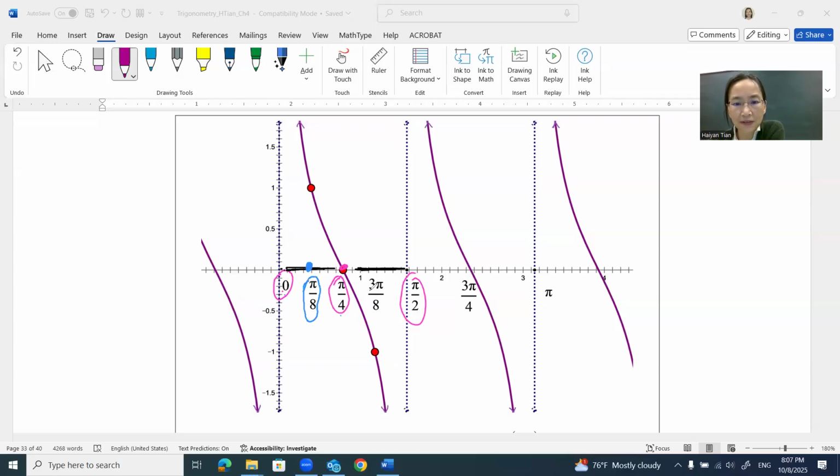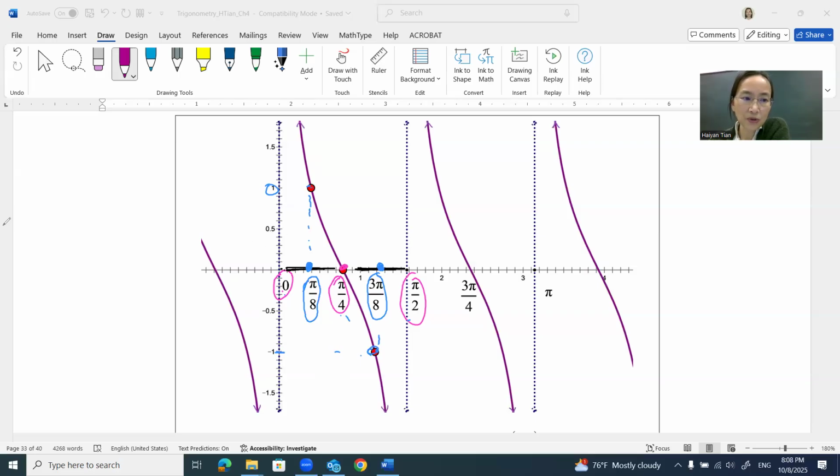On the right half, between pi over 4 and pi over 2, the midpoint is 3 pi over 8. Once we get these two, at the left midpoint we get 1, and at the right midpoint we get negative 1 for the cotangent function.